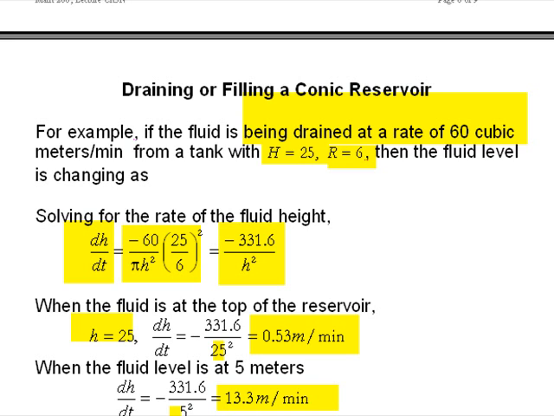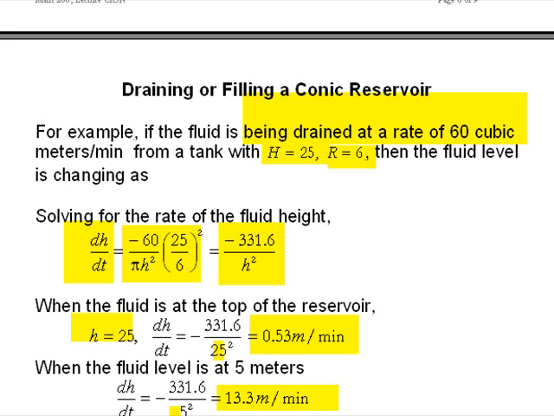You have an expression, and in that expression you have two variables, both of them changing with time, like the volume in the balloon and the radius of the balloon, or the volume in the reservoir and the fluid level in the reservoir. You try to eliminate any other variables with respect to time, so you only have two of them there. Use some geometry, algebra, trig identities, whatever it takes to do that.